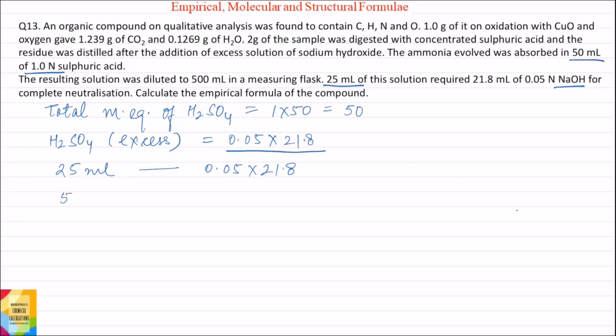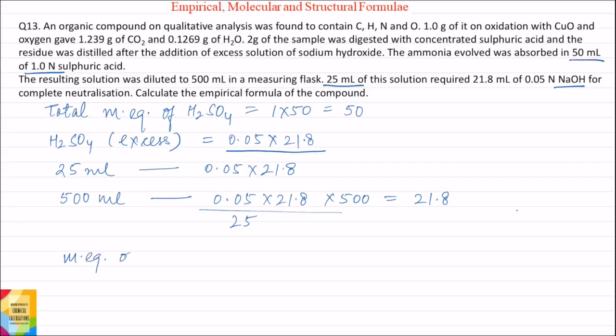Therefore 500 milliliters of the solution will contain 0.05 into 21.8 divided by 25 into 500 and this is equal to 21.8 milliequivalents of H2SO4. Therefore, milliequivalents of H2SO4 used in the reaction will be equal to 50 minus 21.8, which is equal to 28.2 milliequivalents.